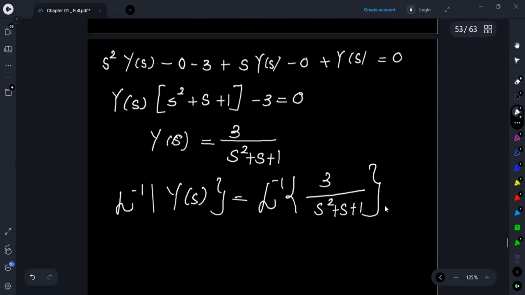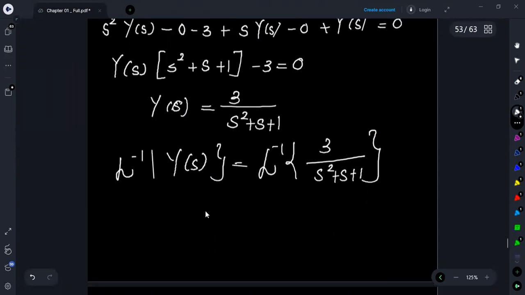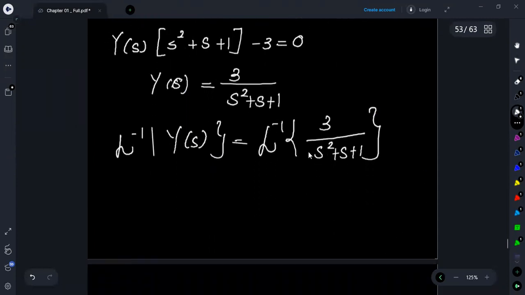Since this is the first one, I will discuss the entire problem. This is of the form we discussed earlier. We need to complete the perfect square of the denominator. So let's consider this part separately: 3 over s squared plus s plus 1. We can keep 3 as it is.